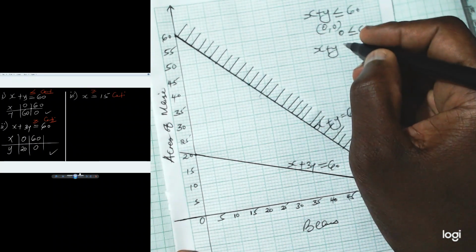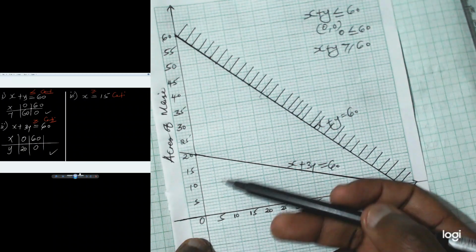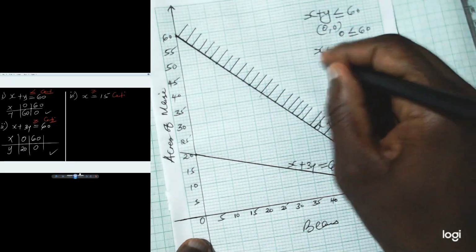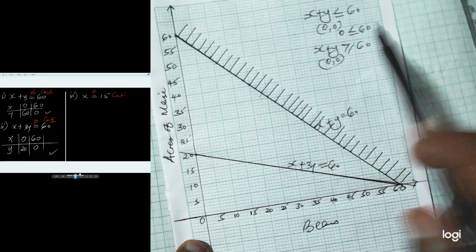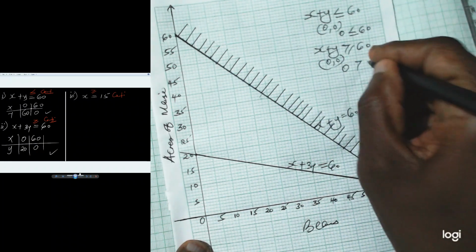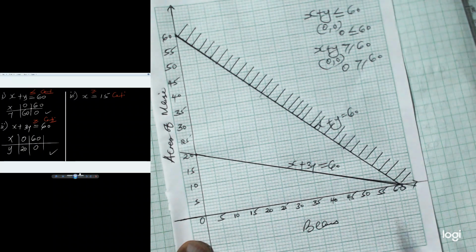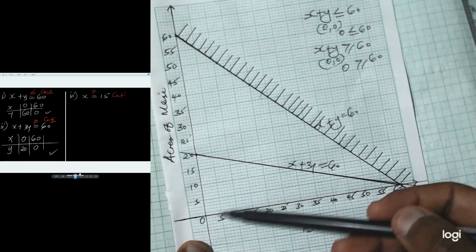So this one was greater than or equal to 60. So I'll pick a point on this side. You can pick either. So 0, 0 again. So when I pick 0, 0, I substitute x with 0 and y with 0. I'll get 0 is greater than or equal to 60. So is that okay? 0 is not greater than 60. So meaning this is the unwanted side.